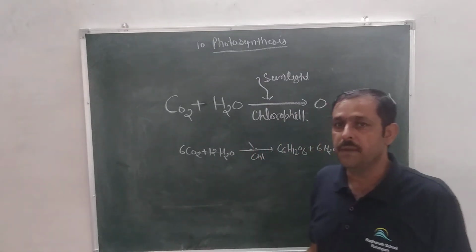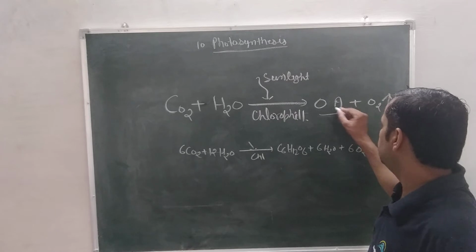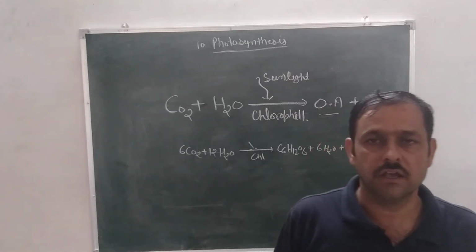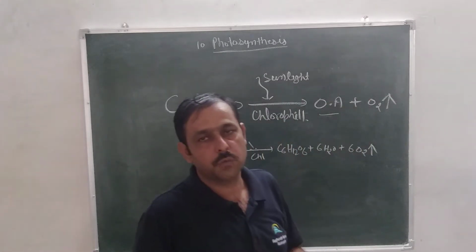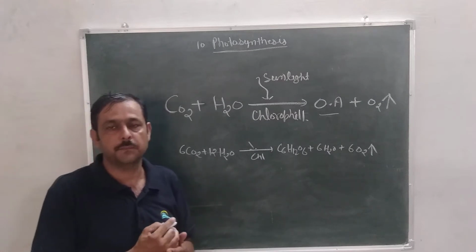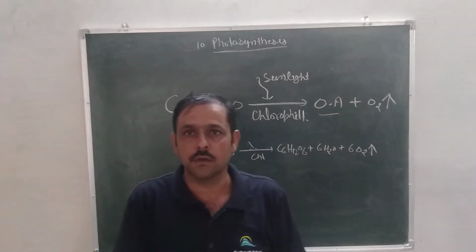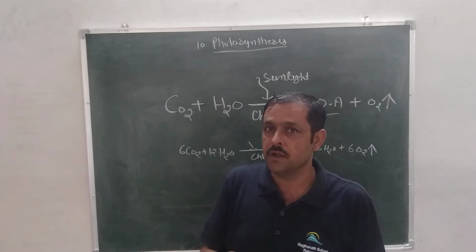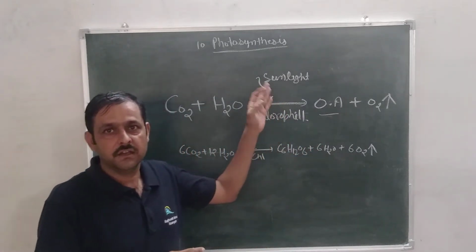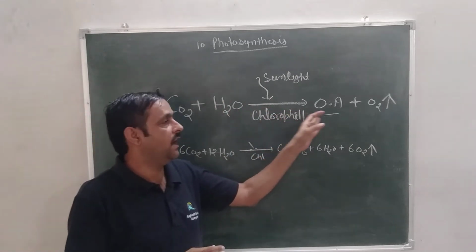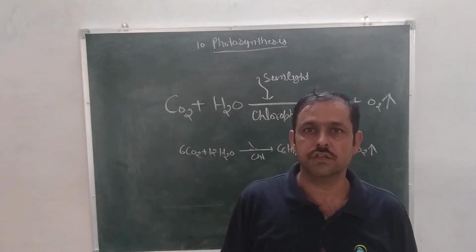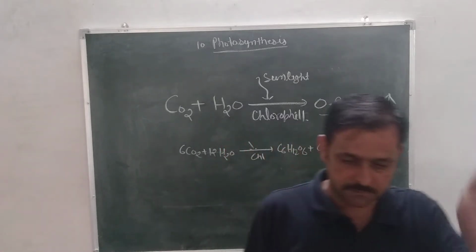By this, organic acid is made and oxygen is produced as a byproduct. In simpler words, photosynthesis is the process of making food with the help of carbon dioxide and H2O in the presence of light. Green plants make their food, and oxygen is produced as a byproduct.